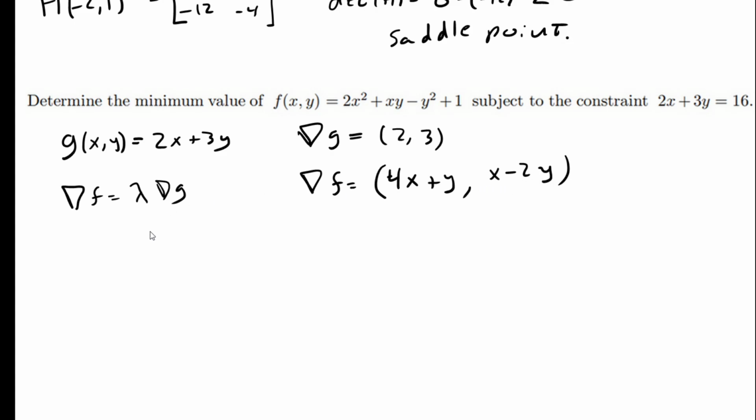Okay, and don't forget that I still have this constraint. It always holds. So I set these equal, and I'm going to do this in columns. It's a little bit easier to see. I have 4x plus y and x minus 2y equals 2 lambda and 3 lambda.